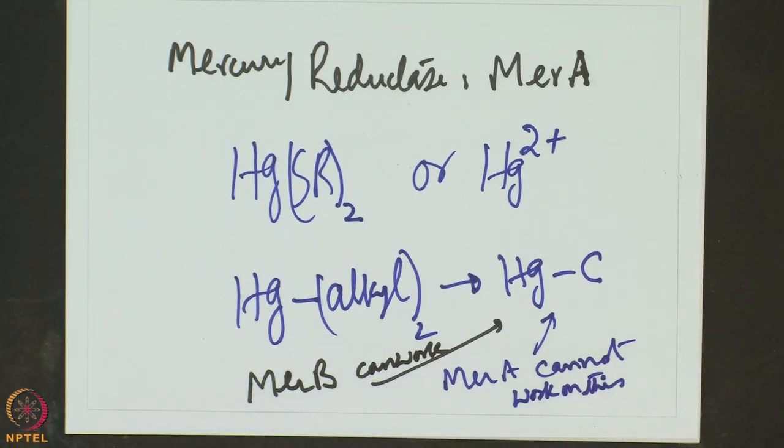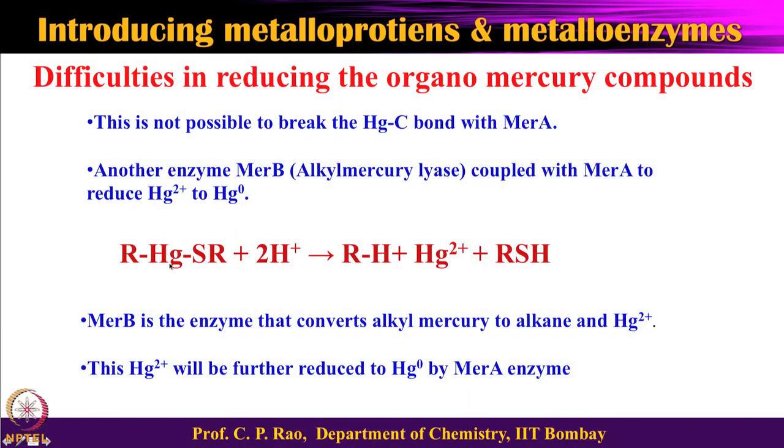So, what will it do? First, this enzyme will take away this mercury alkyl bond, and as you can see from this one, it will break down to the alkane part of it, or the corresponding carbon part of it, and then release the Hg2+. Even if you have both sides, it will function.